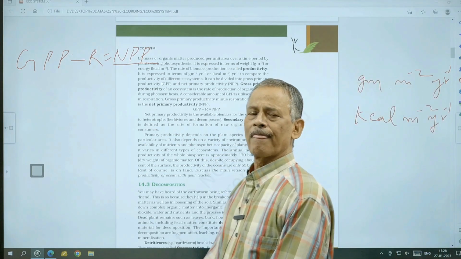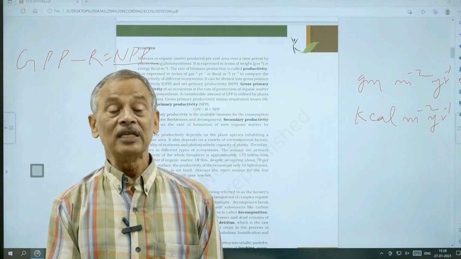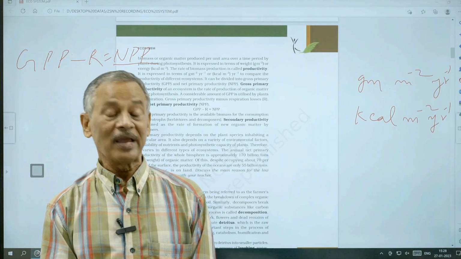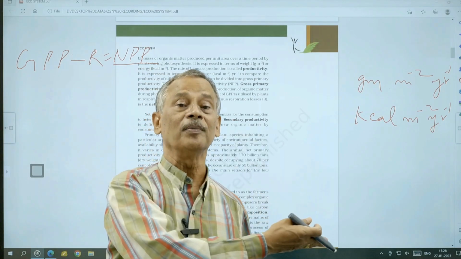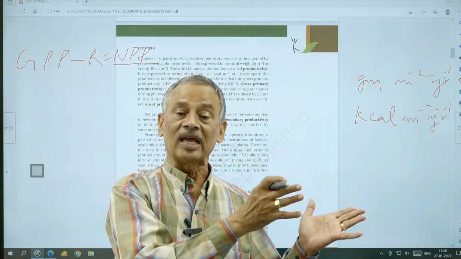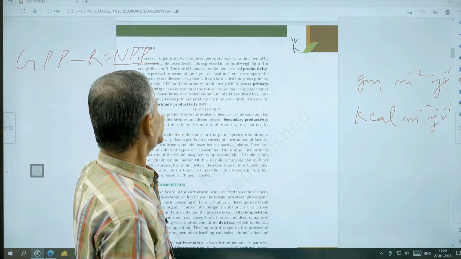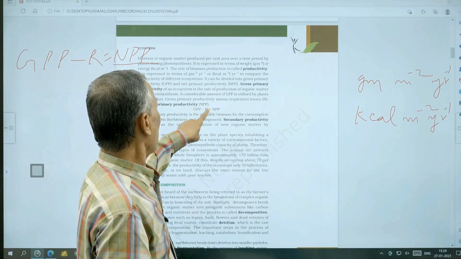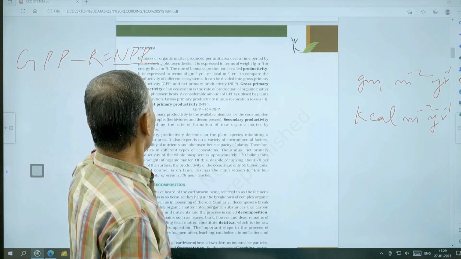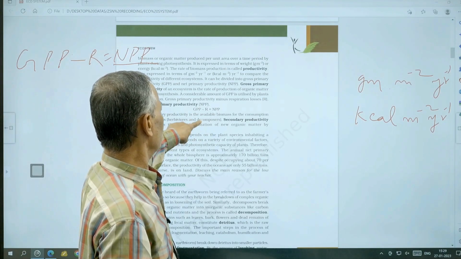Clear? So my GPP is not important. My NPP is important for my family members. What I give them after my expense, that is very important. So net primary productivity is the available biomass for the consumption of heterotrophs, that is herbivores, decomposers, etc.